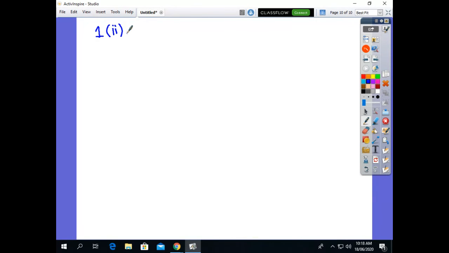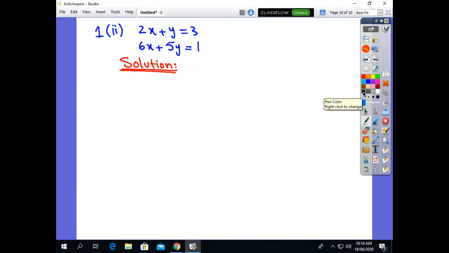Part number 2 is 2x plus y is equal to 3, 6x plus 5y is equal to 1. These two equations are simultaneous equations. We solve them with the matrix inversion method. First of all, we convert these two simultaneous equations into matrix form.